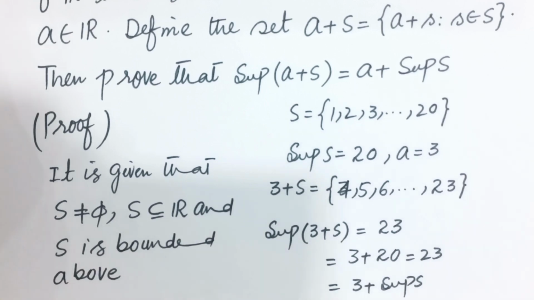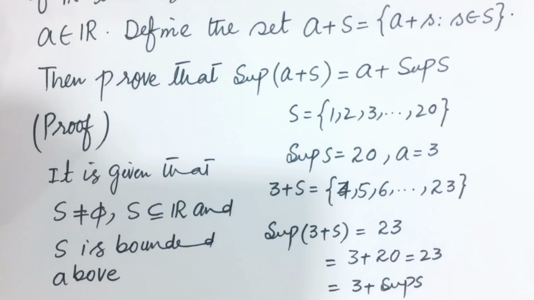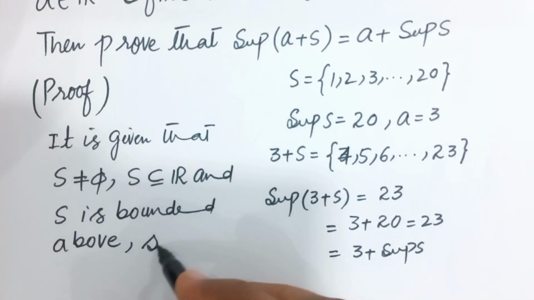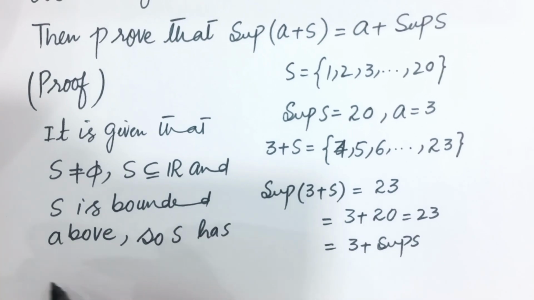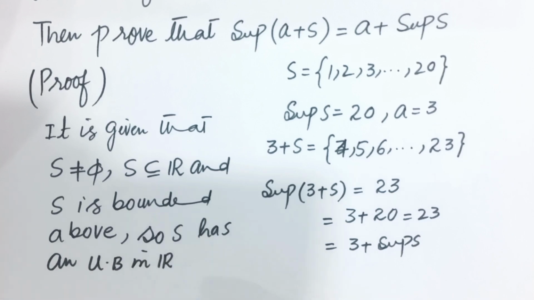As you know, a set is called bounded above if its upper bound exists. So S has an upper bound in R.